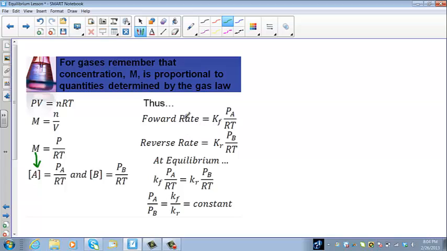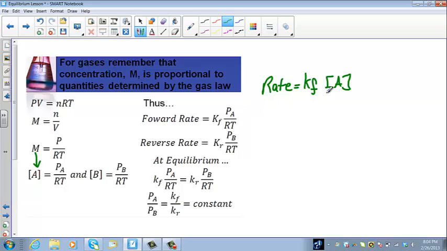So going back to my rate, which I said on the previous page, the rate of the forward reaction was equal to Kf times the concentration of species A. I just said that the concentration of A equals PA over RT, so I can substitute that in here, which is what I did.